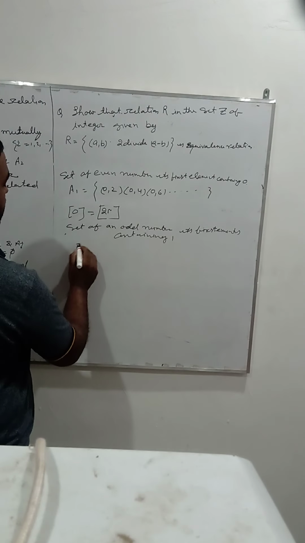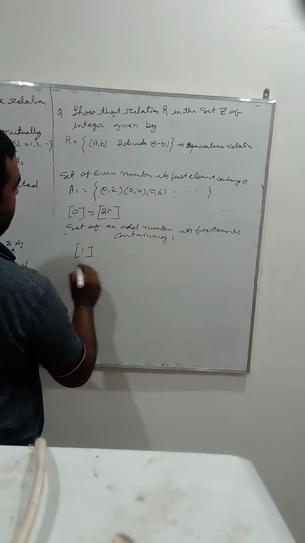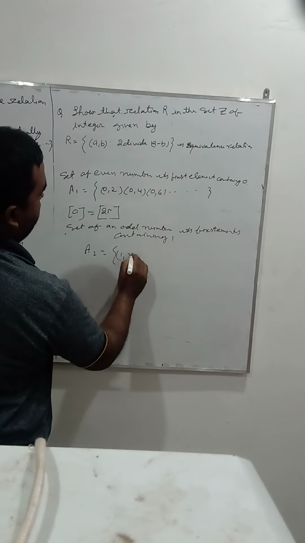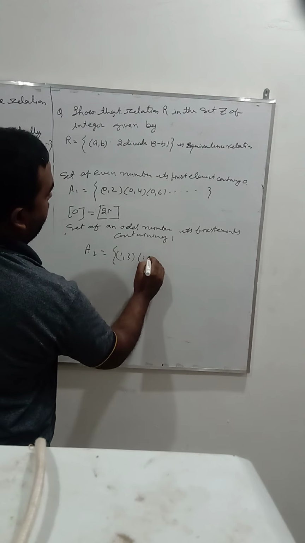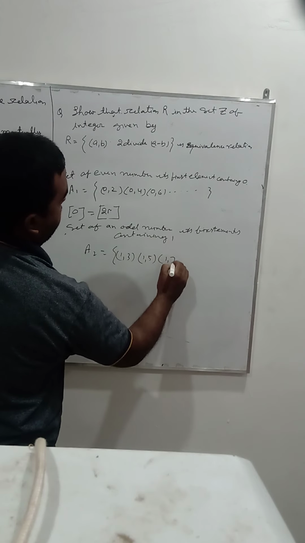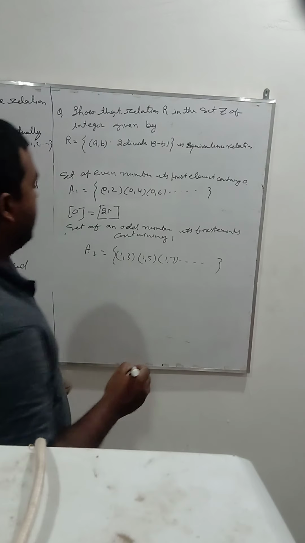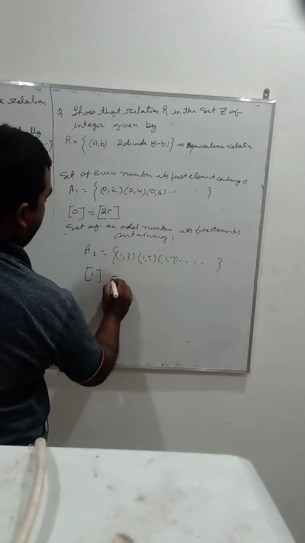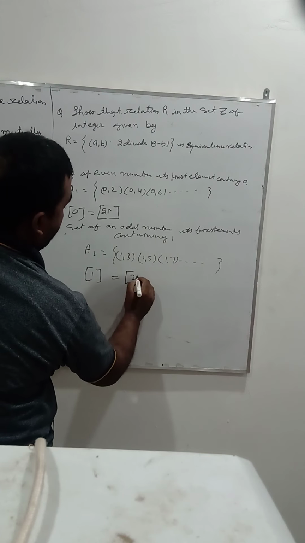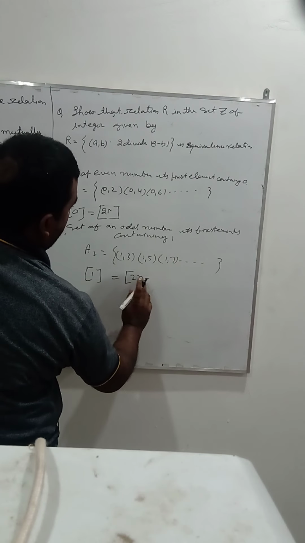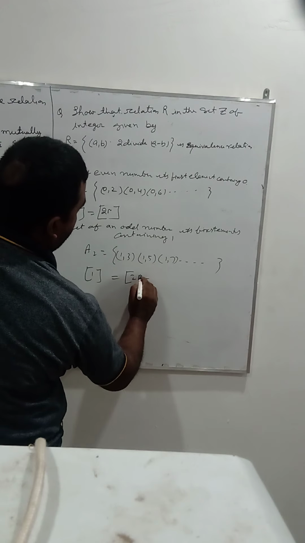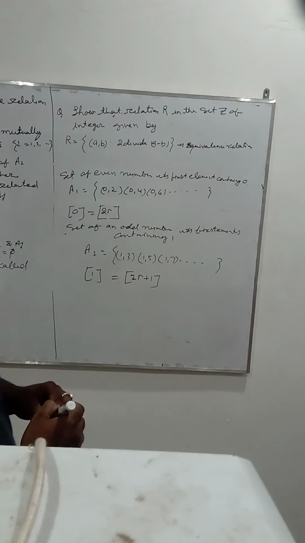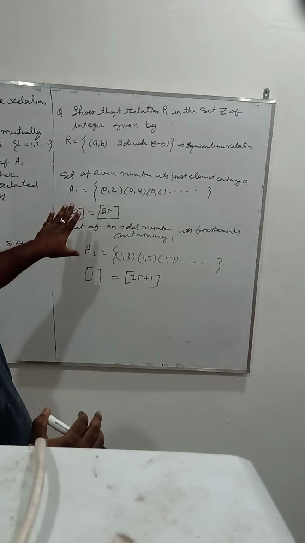For example, look here, this is A2, in this way: 1, 3, 1, 5, 1, 7, dot dot dot. It means the numbers are in the form of 2r plus 1, which means odd numbers. You can see that here.